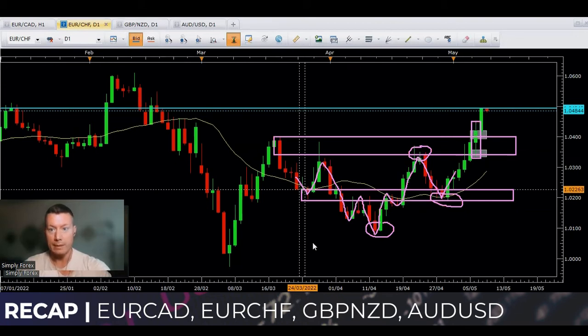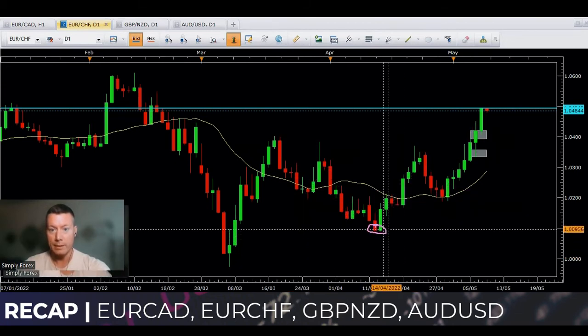Let me make that a little bit clearer, guys. We had higher lows, and then because of the break of these highs, we had higher highs. All we were trying to do was take price back up to this blue line, which corresponded with this area of resistance. Again, guys, that's exactly what happened, and it hit target pretty quickly.